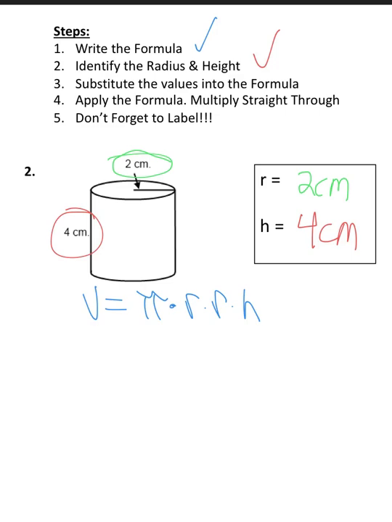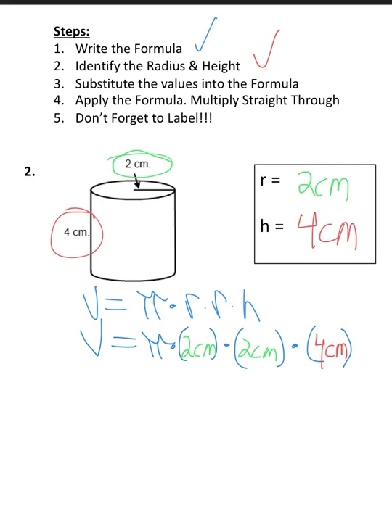Let's go with step 3, which is substitute the values into the formula. All right, so substituting in, we have 2 centimeters, 2 centimeters, and our height is 4 centimeters. So step 3 is done. Then we're going to do step 4, which is apply the formula. So here we go. We have volume equals pi.